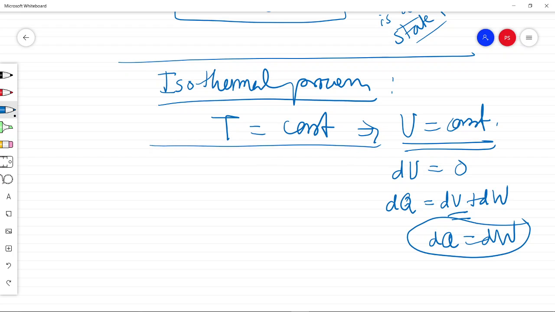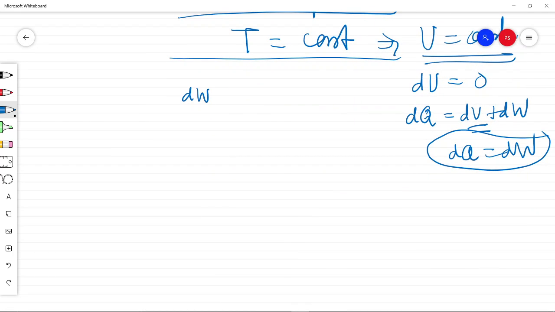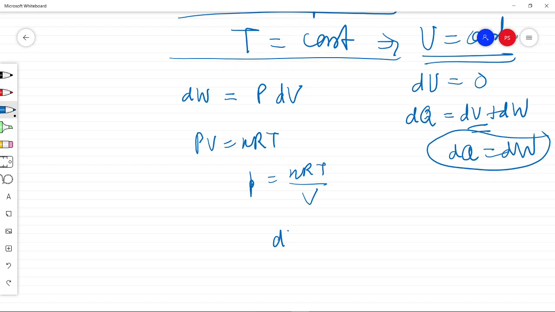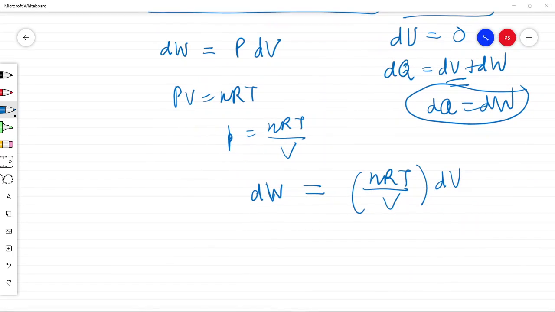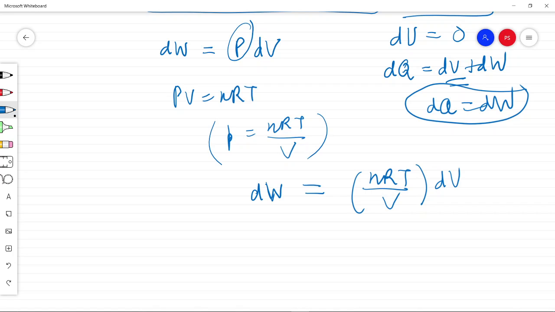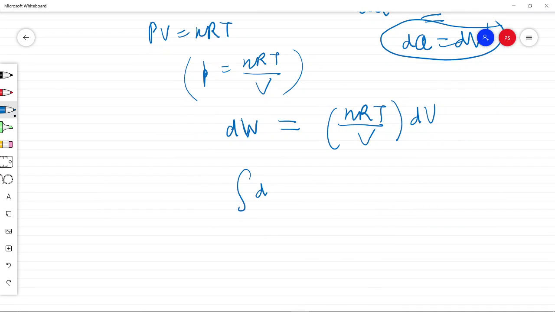Now, as far as work done is concerned, let us rewrite this formula. dW is equal to P dV, and we know that PV is equal to nRT. This means P is equal to nRT by V. So dW is equal to nRT by V into dV. We have substituted for P by this expression. If we integrate this, integral dW, which is the work done, is integral nRT by V dV.